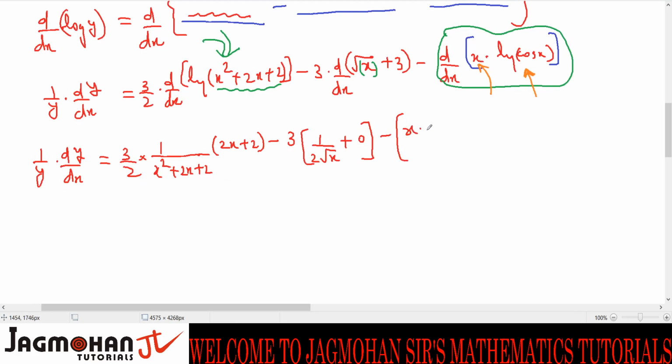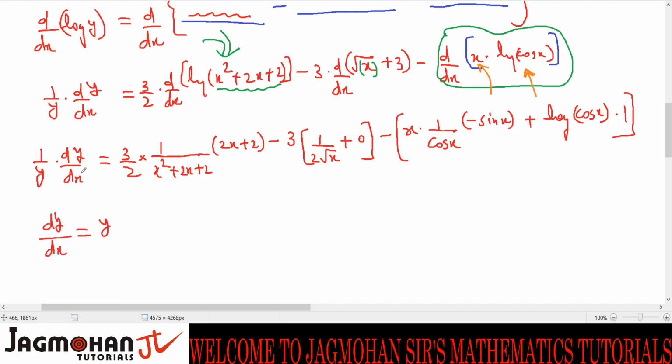So x times the derivative of log cos x, which is 1 upon cos x into the derivative of cos x, minus sin x, plus log cos x into the derivative of x. The derivative of x is 1. The bracket completes. So the next step is dy by dx equals y. This y will multiply here, then put a big bracket: 3 by 2 into 2x plus 2.